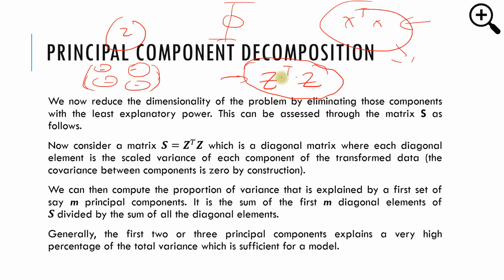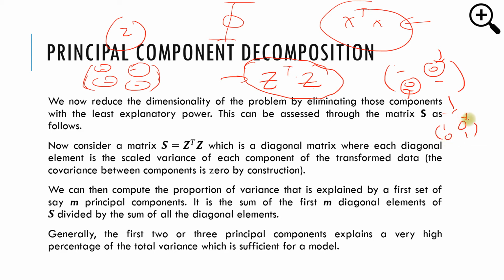But when you look at Z transpose Z, you need to understand that in the variance covariance matrix, you would have a certain value for the diagonal, but for the off diagonal, you expect to have zero, because the variance covariance matrix can also be viewed as a correlation matrix, where you would have the variation here and the correlation here.